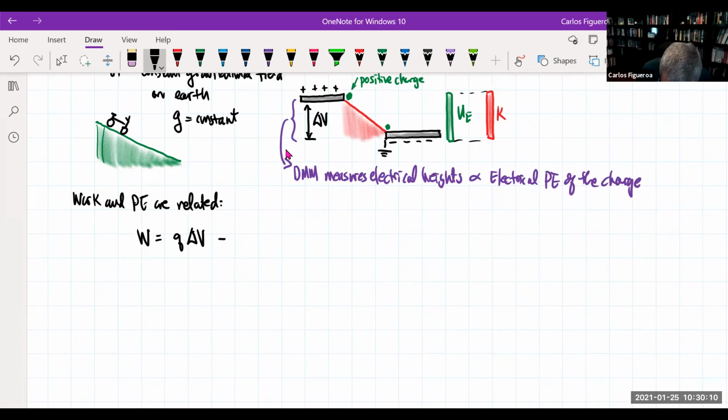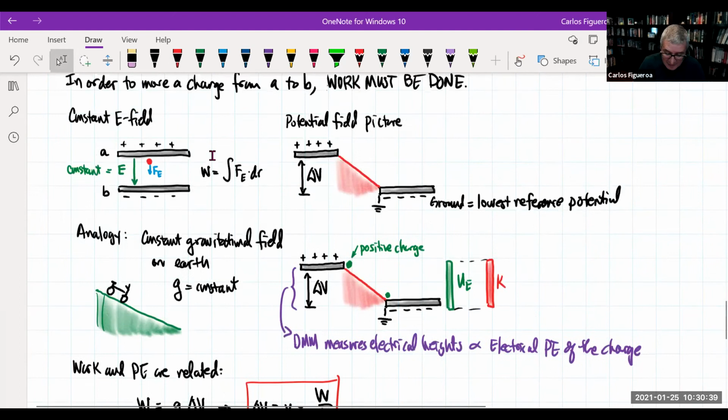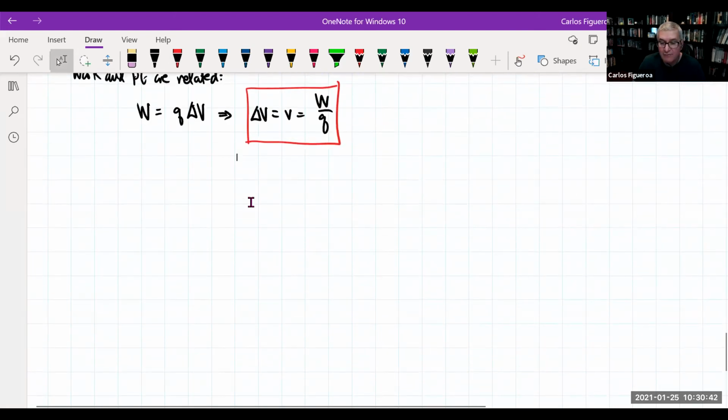Typically, we don't think about voltage as work per unit charge, but it's of some use here. So when I talk about the electrical height or the voltage, the picture I just showed you is exactly what we mean by this. So that's the definition of voltage. I know that's all pretty conceptual, but I figured we should write down voltage properly before we move on.